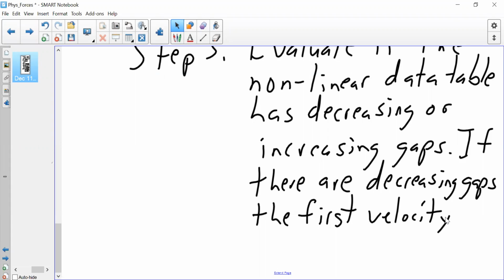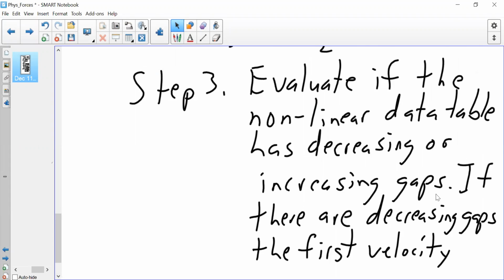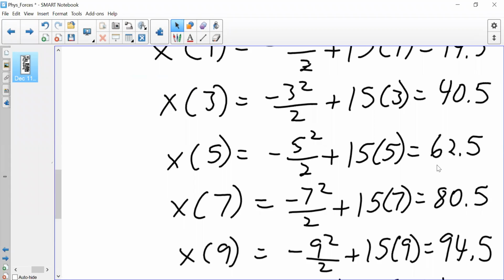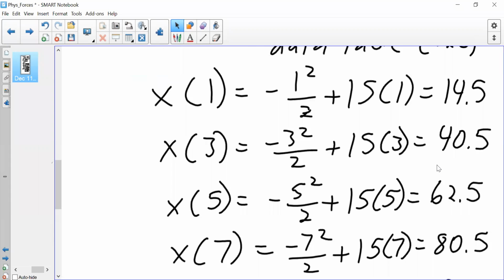If the gaps are decreasing, the first velocity is going to be at t is equal to 0. Well, in this case, we don't have 0. And since the gaps are decreasing, that first velocity that you're going to calculate is at t is equal to 1. Okay.